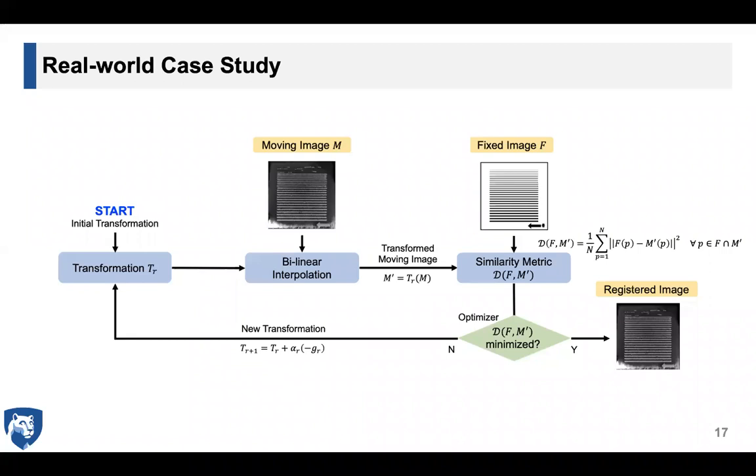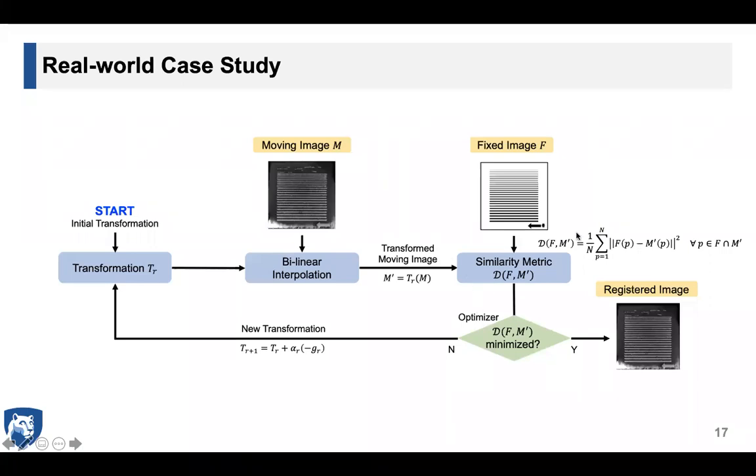Here we use a standard registration process with 4 components, which are similarity metric, optimizer, moving transformation, and interpolator. The similarity metric is the most important one.